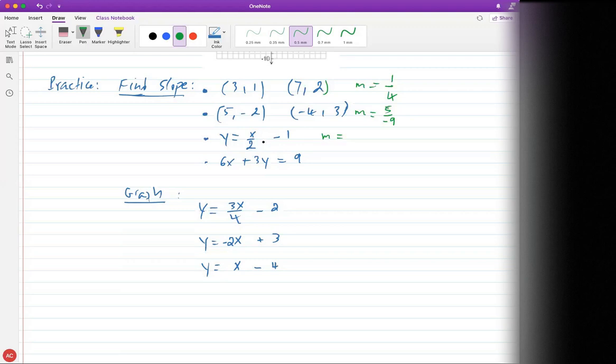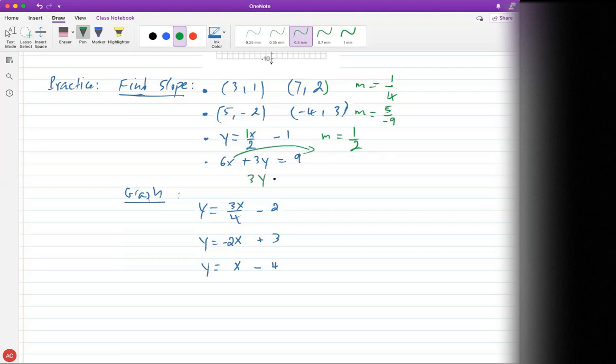What's the slope of this equation? What is the slope? No, there is an invisible 1 here, so the slope is 1/2. Can we read the slope from here right away? Do we know it? So we don't know the slope yet. It has to be like this. The y must be by itself, so you gotta move this over.